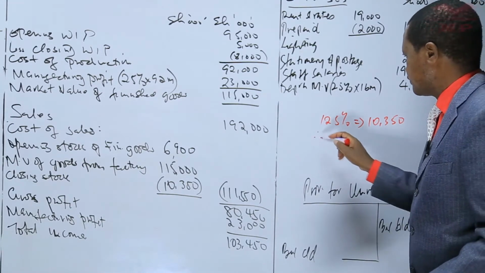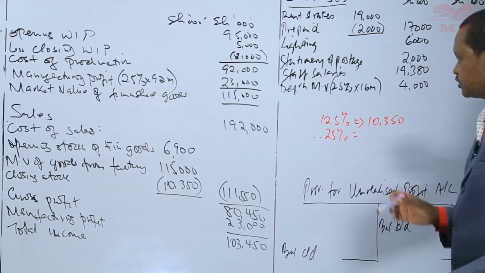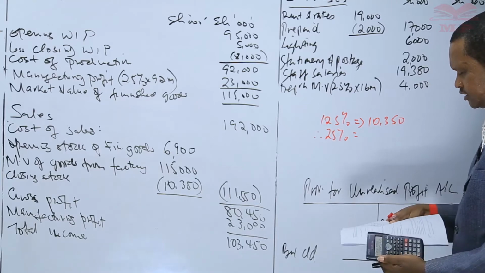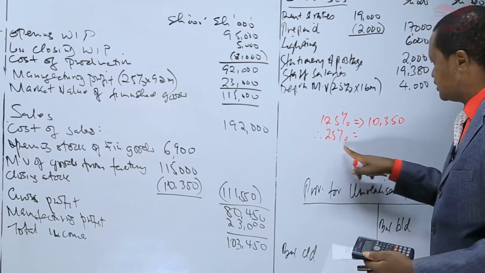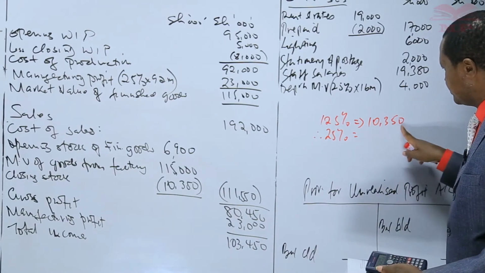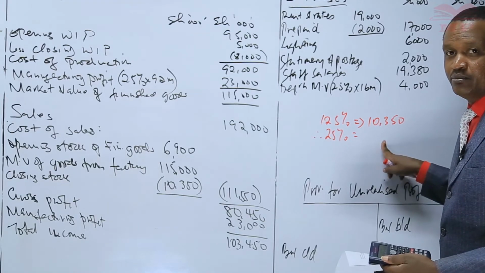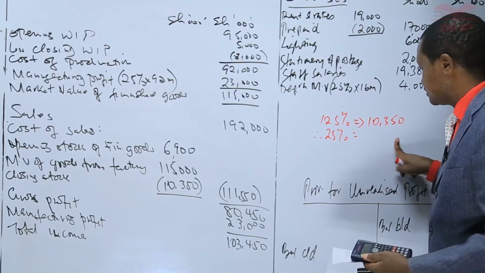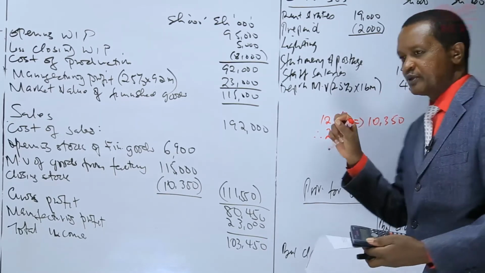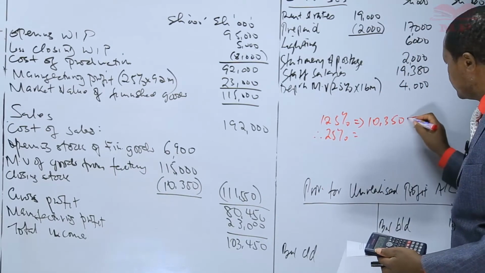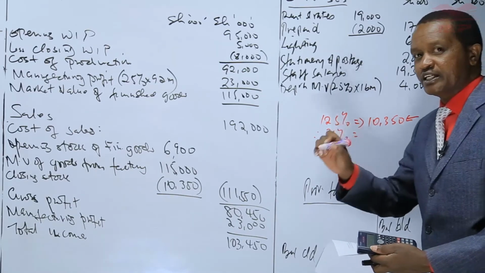Therefore, what will be 25%? Because we are looking for this 25%. We need the 25%, which is the unrealized profit. The 10,350 is the cost plus the manufacturing profit. Because these are stocks at the end, the 25%, which is inclusive here in 10,350,000, has not been realized.